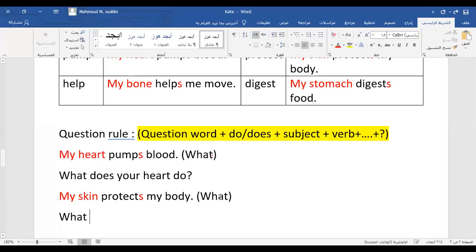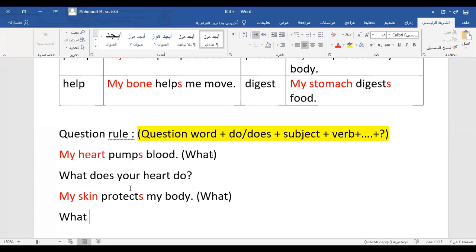Yes, Yusuf. After the question word, look at the grammar rule. Do or does? Now I use "do" if the verb doesn't have s, and I use "does" if the verb ends with s. Look at the verb in your sentence. Does it end with s? Does. Thank you very much, Yusuf Khalid.